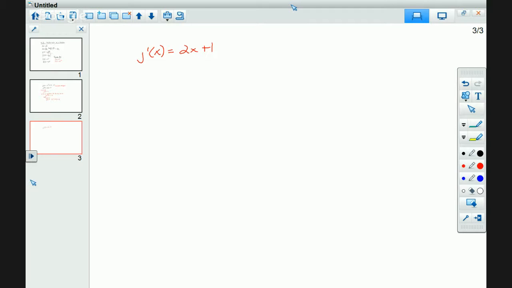We could also write, I could also say this is the original, right? You could write y prime. That's another way to write it. j prime, y prime, both are derivatives. This is the one that kind of goes with this. You can also write it like this.